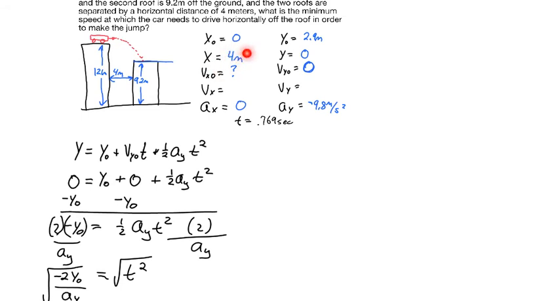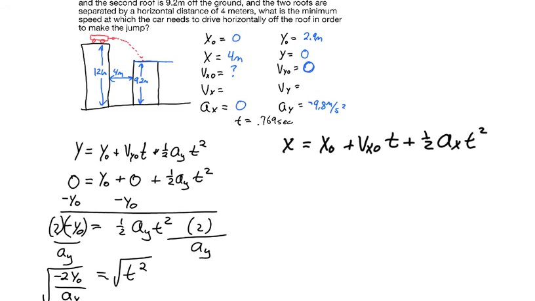I have the distance. Now I have enough on the x side that I can figure out what that initial velocity is going to be. So I'm going to use the equation then that our final position in the x direction is going to be equal to our starting x position plus starting x velocity times time plus 1/2 times the x acceleration times time squared.